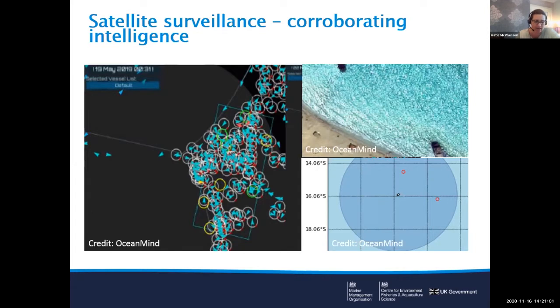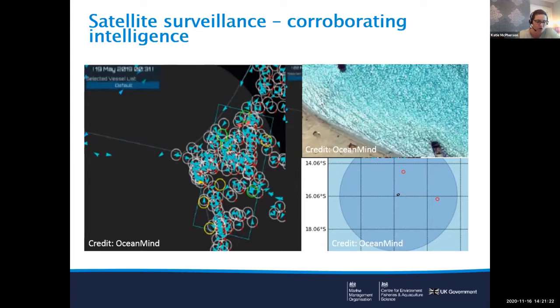It has been quite successful in detecting squid jiggers in South America, which tend to fish at night using light. But for the fisheries that we primarily observe, we get too many false positives and the confidence is just too low for it to be a useful standalone tool.